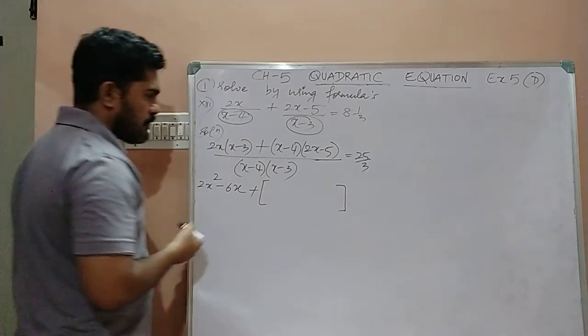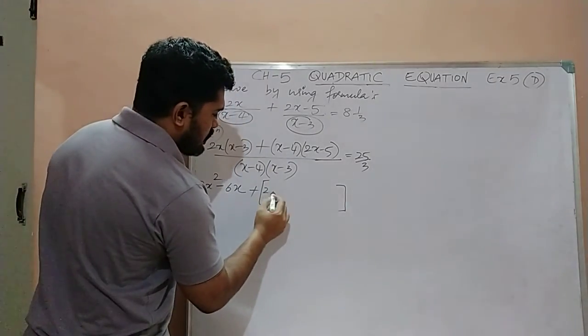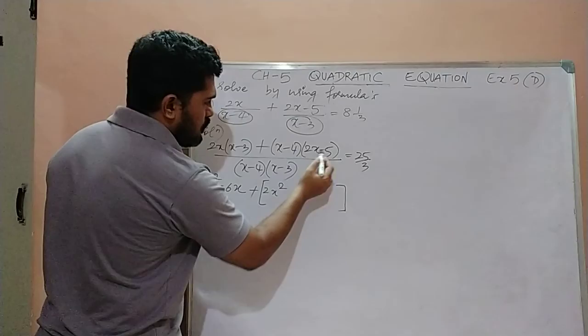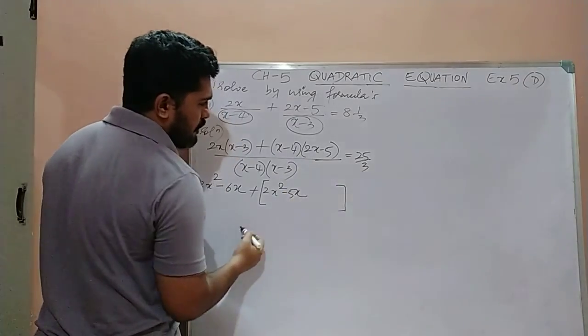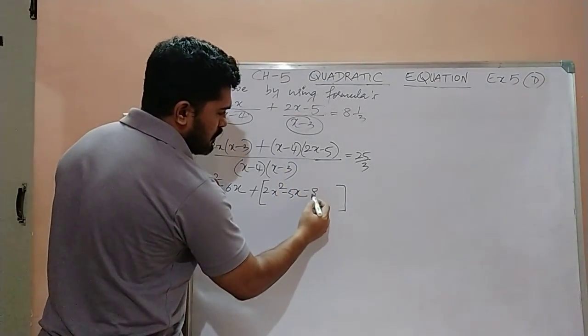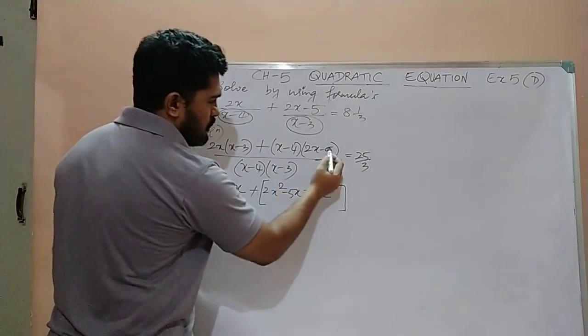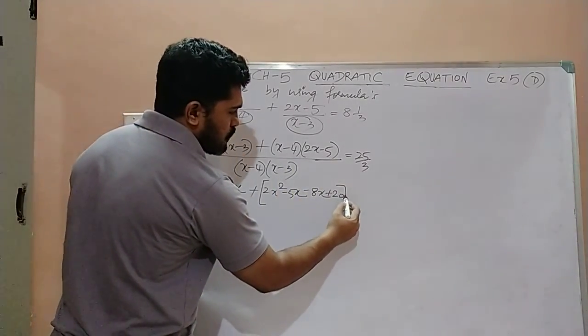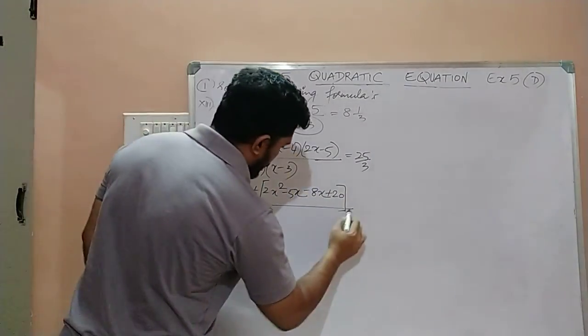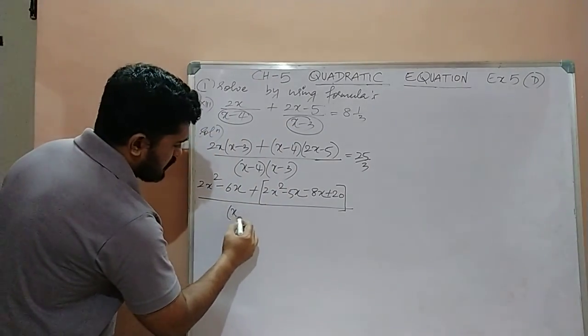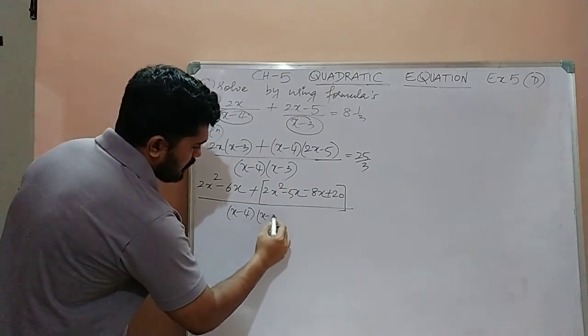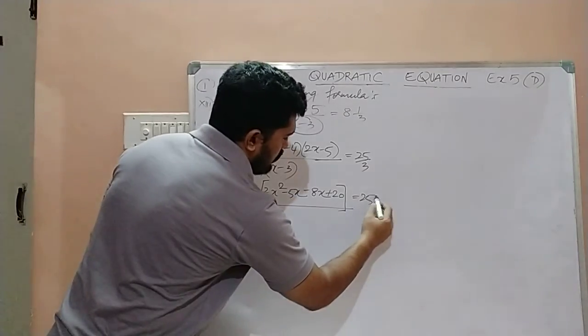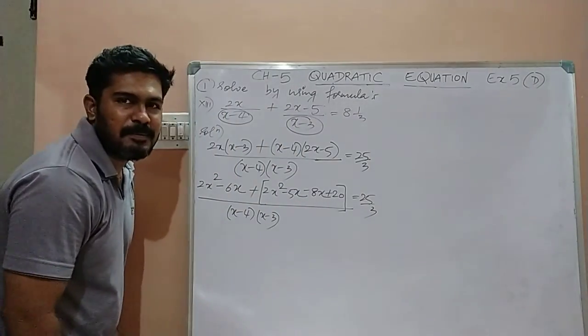Okay. So x into 2x is 2x square, x into minus 5 is minus 5x, minus 4 into 2x is minus 8x, minus 4 into minus 5 is plus 20, whole divided by x minus 4 into x minus 3, which is equal to 25 by 3.